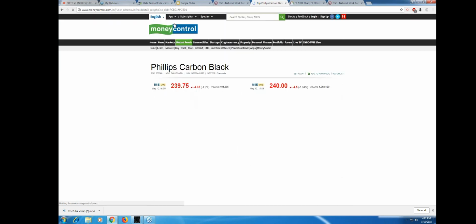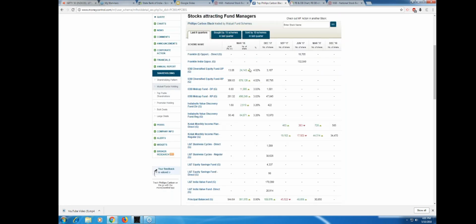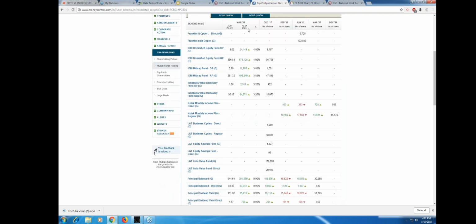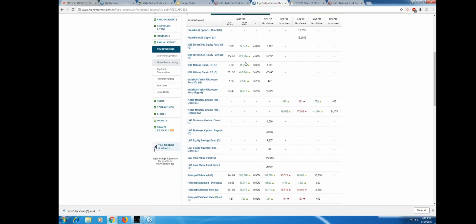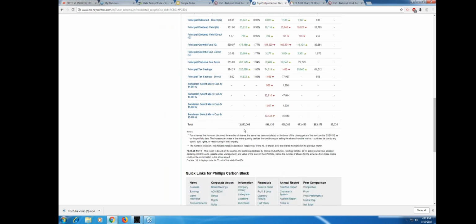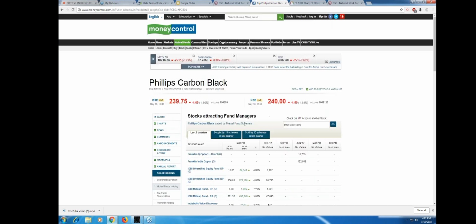You will see beautifully that all of them are increasing slowly, gradually their stake in this particular stock. In the latest quarter they have all increased. So many mutual funds have increased their stake in this stock, right? They believe that the stock holds a great future. Let me show you Geofic Bio.